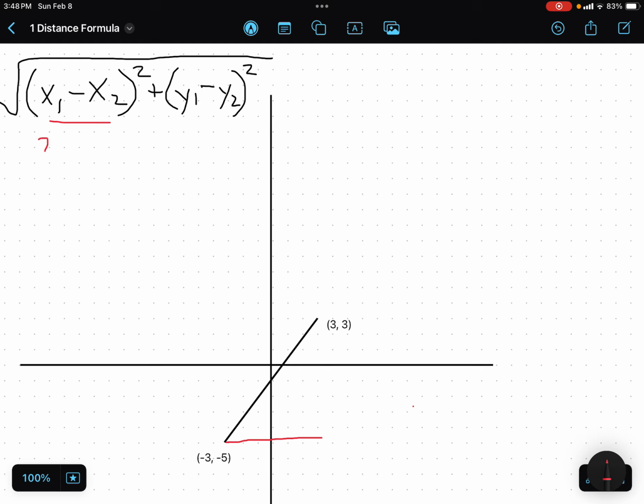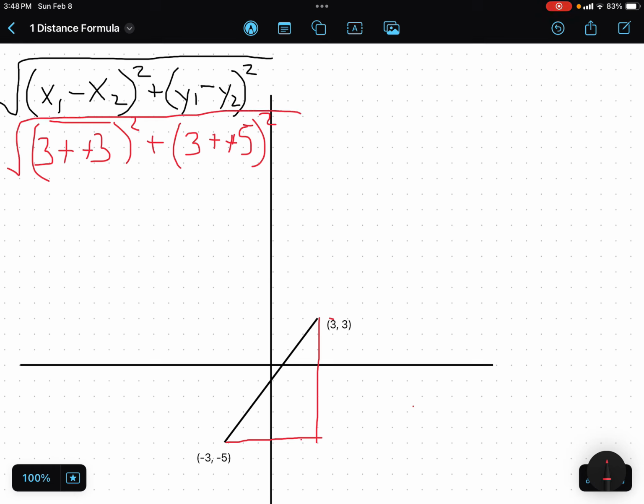So we can do that as 3 minus negative 3, so really 3 plus 3. And then, of course, we're going to wind up squaring that for reasons we'll see in a second, plus the difference in the y coordinates. So we are there at 3 minus negative 5, which of course is 3 plus 5, squared. And then we're going to take the big square root of that.